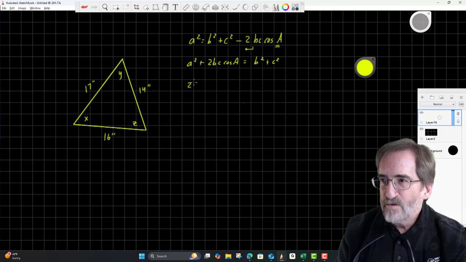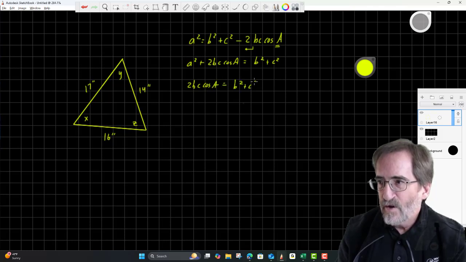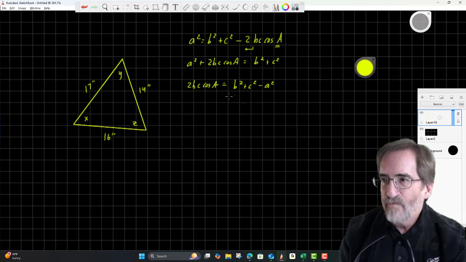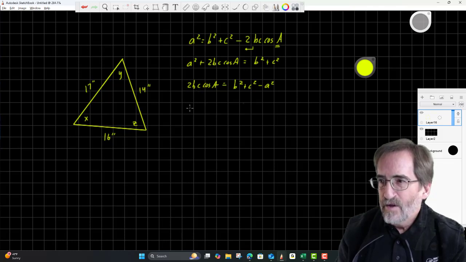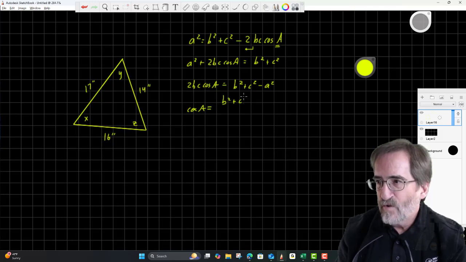So I get 2bc cosine A equals b squared plus c squared minus a squared. Now I'm going to divide both sides by 2bc. So cosine A equals b squared plus c squared minus a squared all over 2bc.